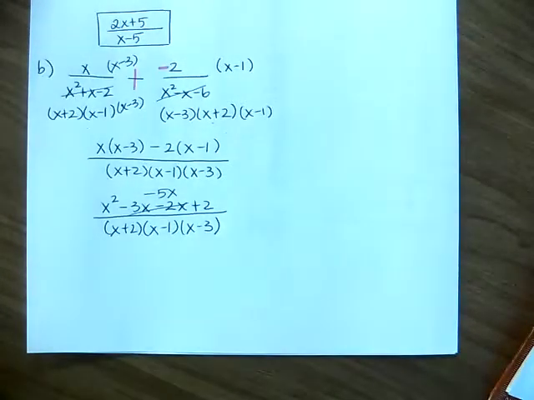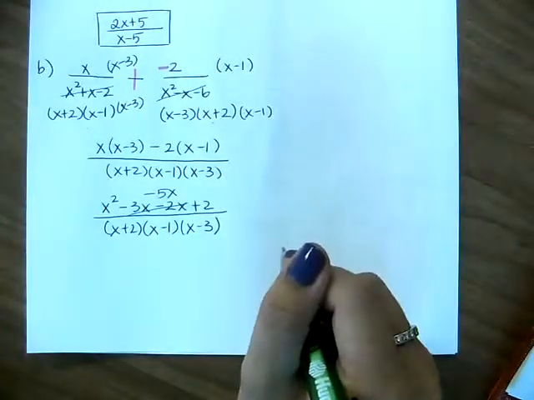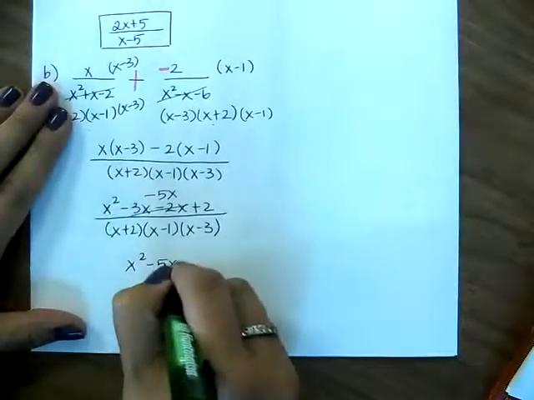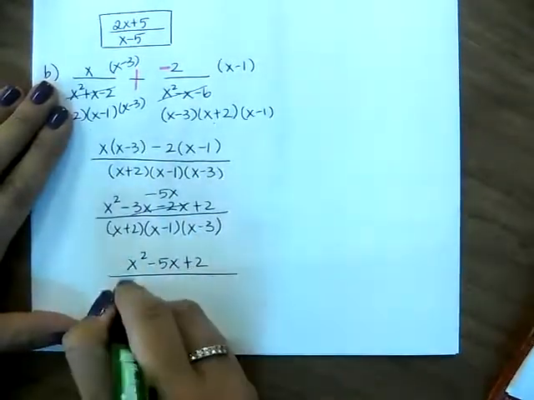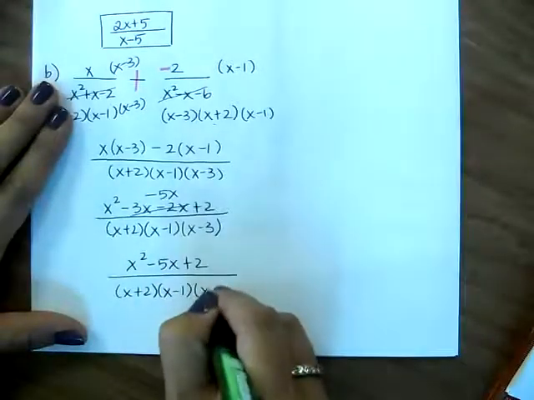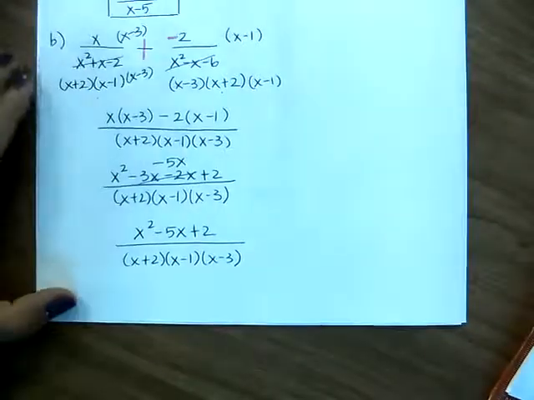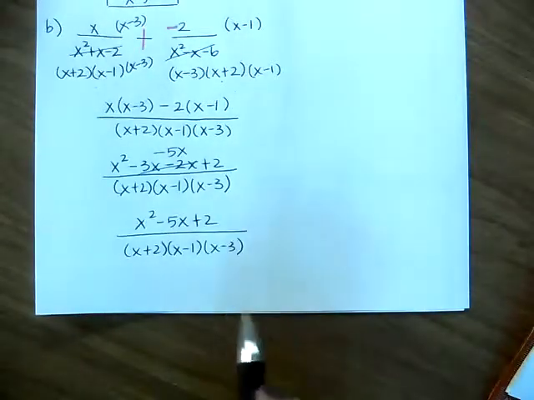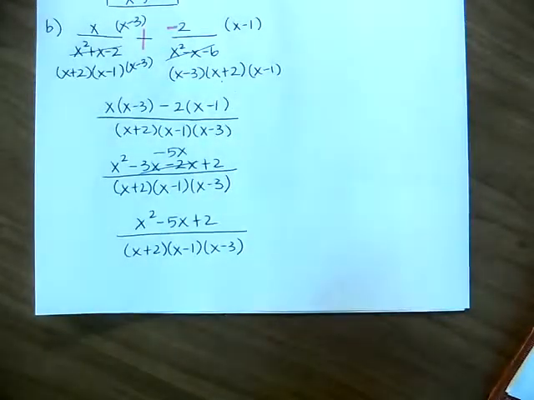Most likely that numerator is not going to factor, but it's always good to check. Okay, so we get x squared minus 5x plus 2 over x plus 2 times x minus 1 times x minus 3. Again, notice there is no restriction needed to list because we can see all of those pieces, nothing canceled. Okay, everyone okay there?